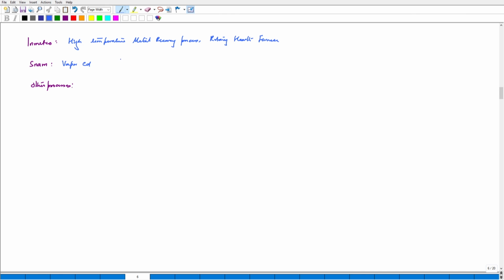This is done by distillation. So this is nickel vapor cadmium production by distillation, and we get iron nickel alloy.